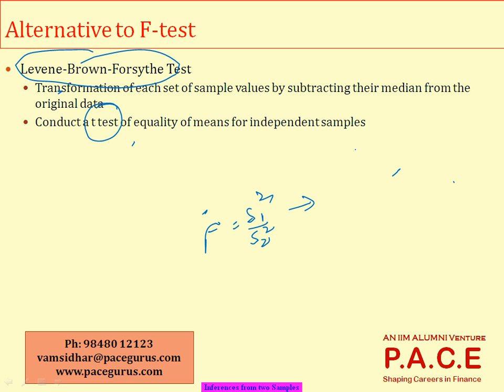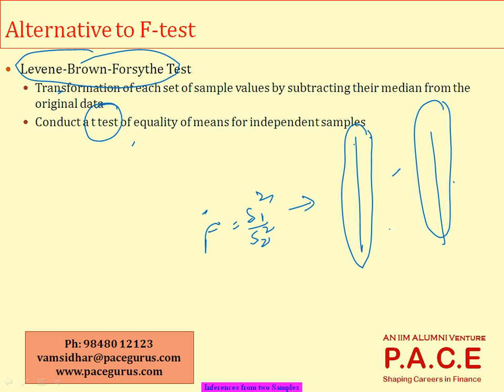What it says is, yes, you have already taken 2 different samples. If you are going with the F test, you take the variance of this sample separately, the variance of that sample separately, call them S1 squared and S2 squared, then find the F, match it with the critical value and then take the appropriate decision.